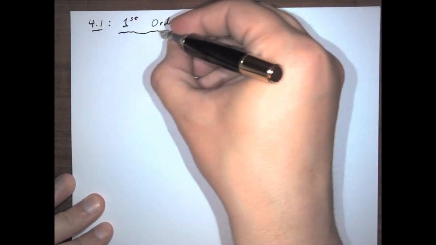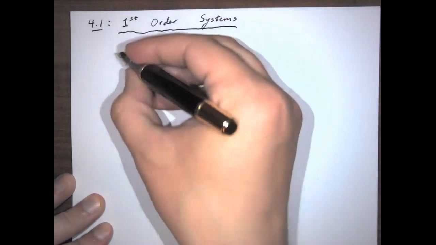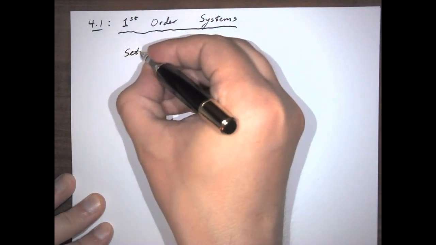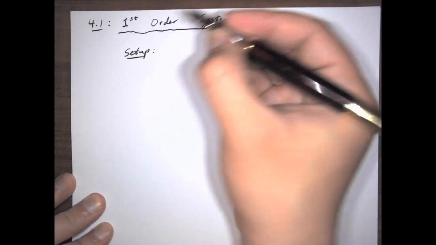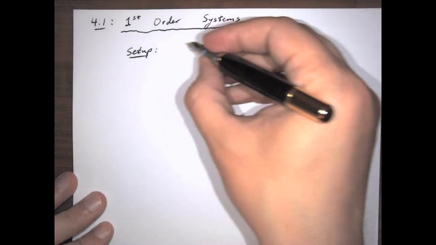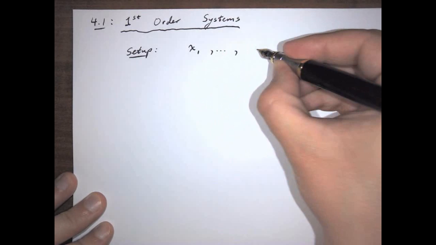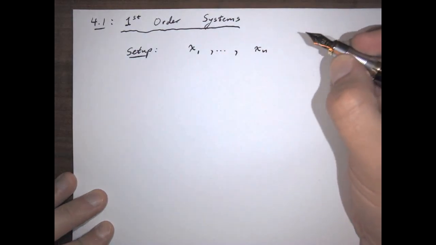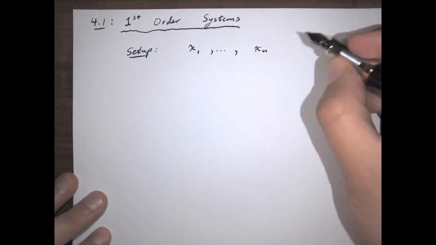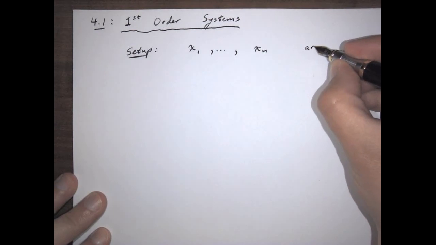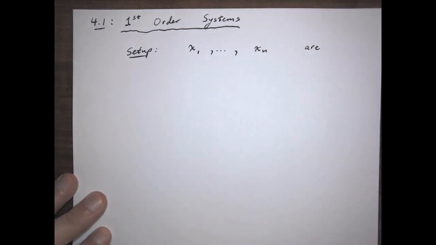So here's the setup. The setup is that we have x1 up through xn, so n variables, and they are all dependent on t.